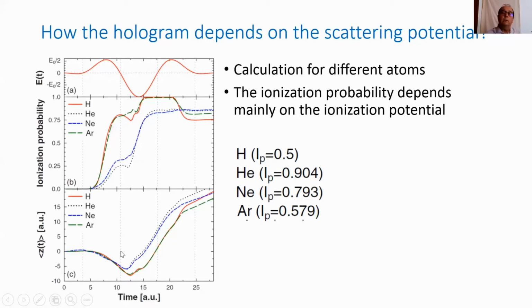Here on the lower panel, we have represented the mean distance of the electron from the target as a function of time. The Z0, which is the maximum distance, is larger for the two atoms which have lower ionization potential, so for hydrogen and argon. So we can expect that hydrogen and argon, because they have a larger Z0, will have a denser interference pattern.